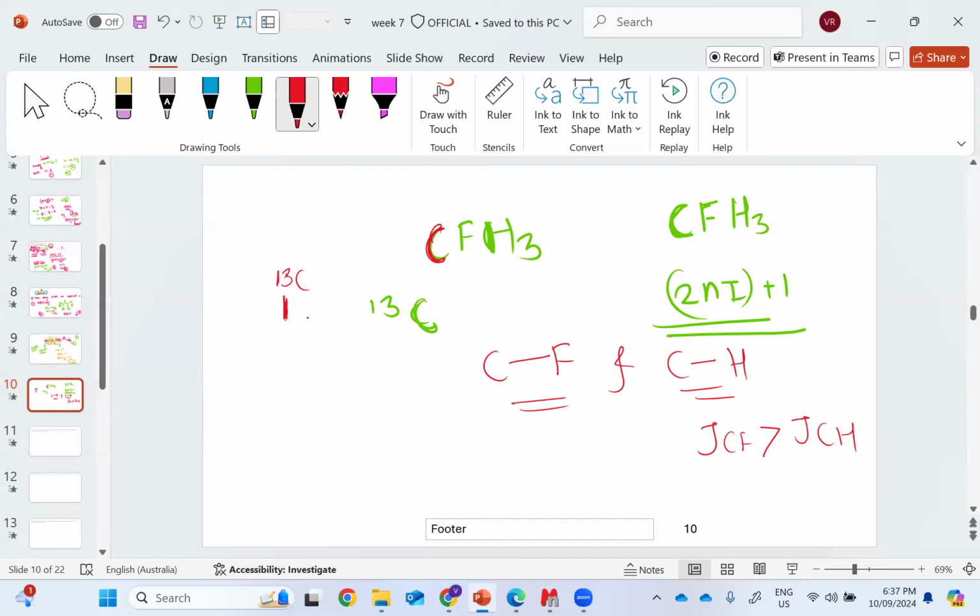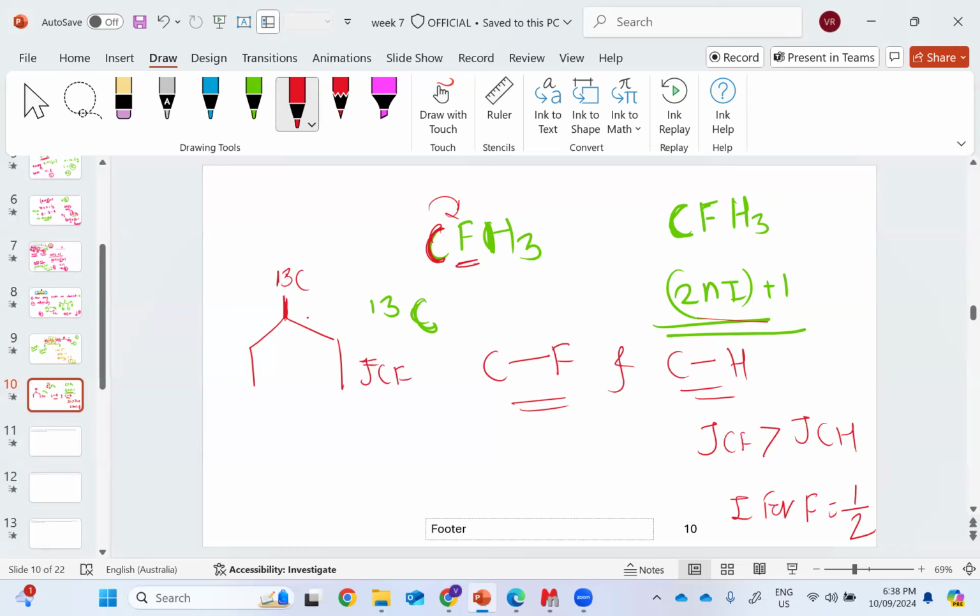So this signal first, because of this fluorine, will get split. If you put the value here, I for the fluorine is also 1/2. So use the formula 2nI plus 1. It will show a doublet due to this fluorine, because of the JCF coupling.